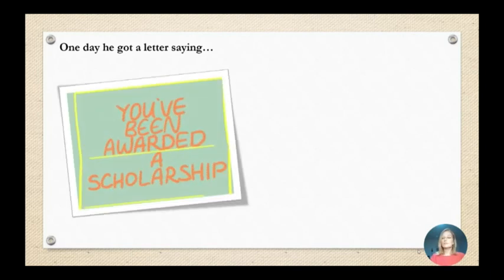You've been awarded a scholarship. You have been awarded a scholarship. Let's analyze this sentence. What's the subject? Yes, you. Of course, it's you. Okay. What's the action? Have been awarded. Great.